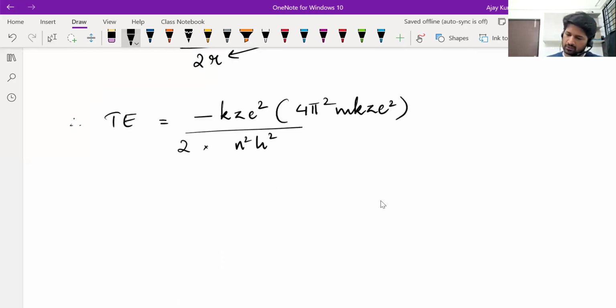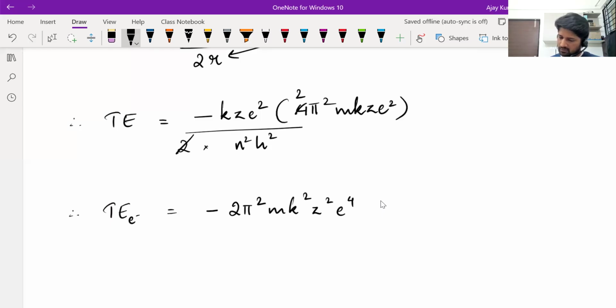Okay. 2 and 4 cancel, 1 2 remains. Therefore, the total energy of electron becomes minus 2 pi square, a complicated expression, m k square, z square, e to the power 4 divided by n square h square.